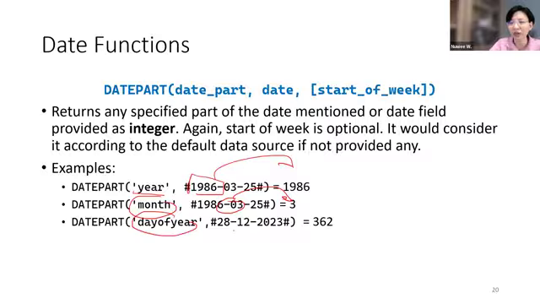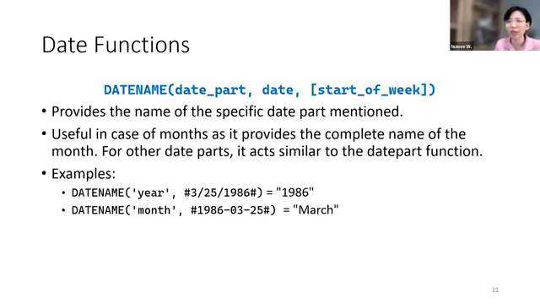If you get the day of the year, this 28 December is 362. But if you want to get the name, you use datename. And this is useful to get the complete name of usually the month. For other date parts, it may not be different from the datepart function. For example, datename of the year, this is 1986.